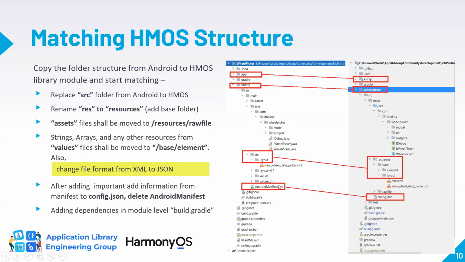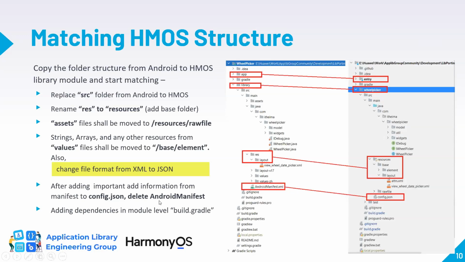If any important information is mentioned in the manifest, like some permissions or requisites, like needing permission for Bluetooth, or a hardware dependency, or some package information, API information, those things we need to add in config.json according to the platform. There would be some changes.